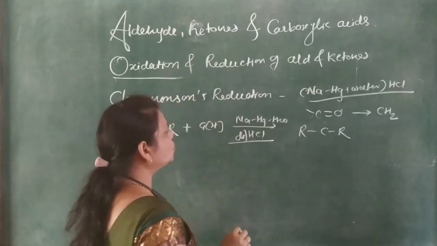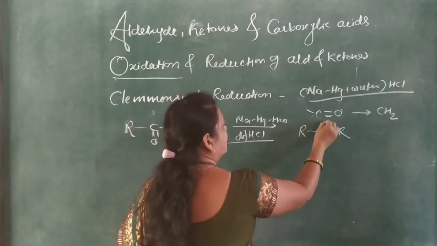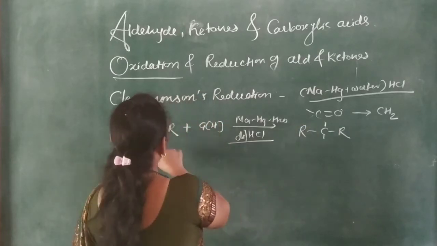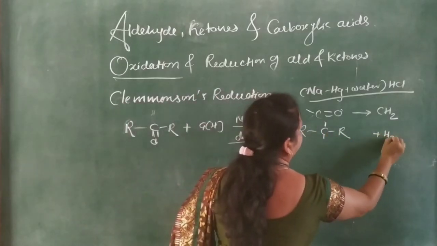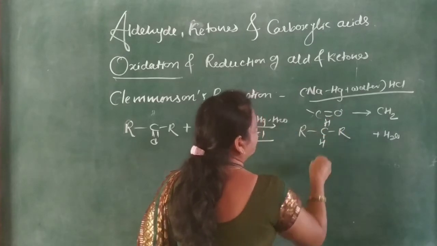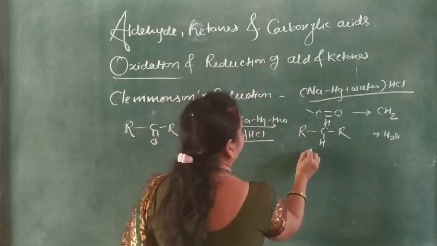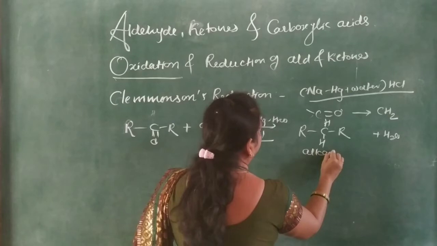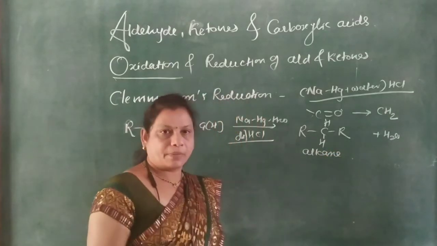And this double bond gets converted into single bond. 2 hydrogens combine with O to form H2O, and the other hydrogens combine in this way to form the corresponding alkane with the same number of carbon atoms.